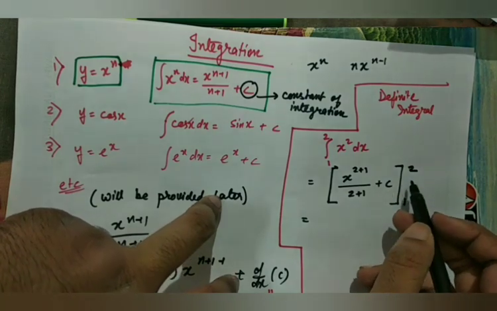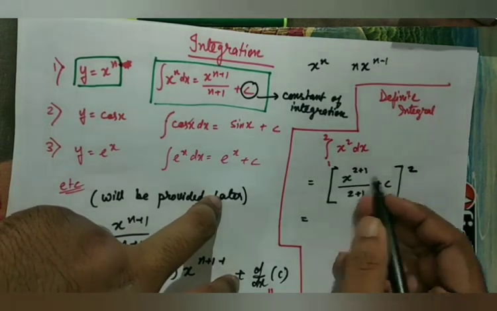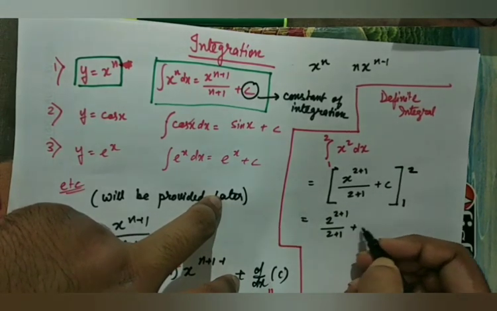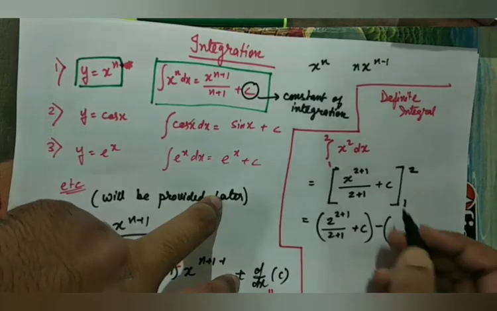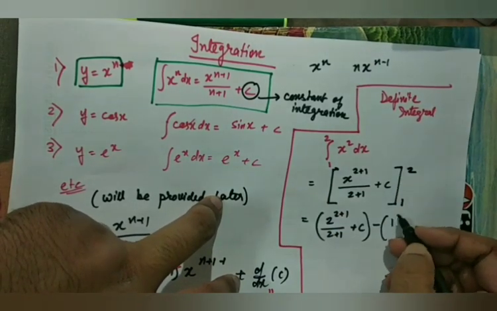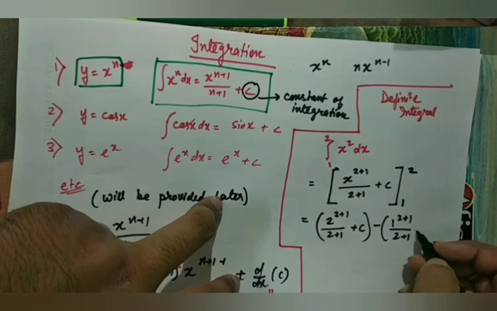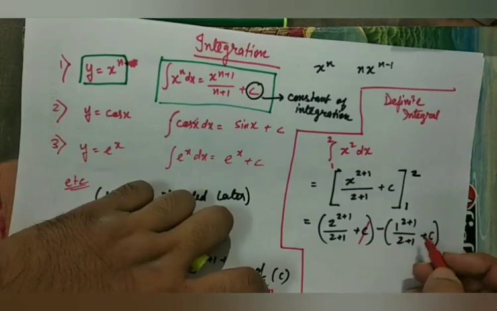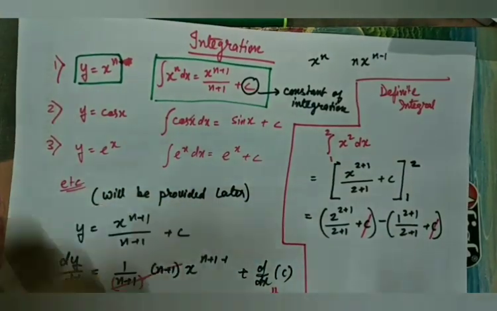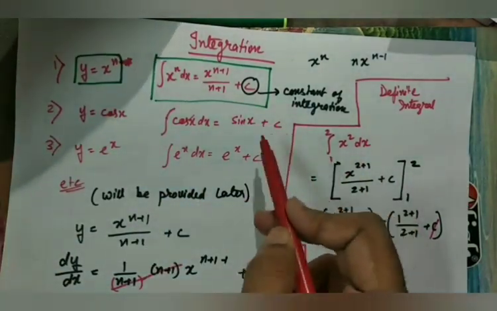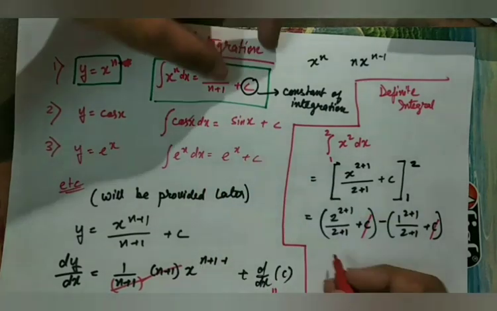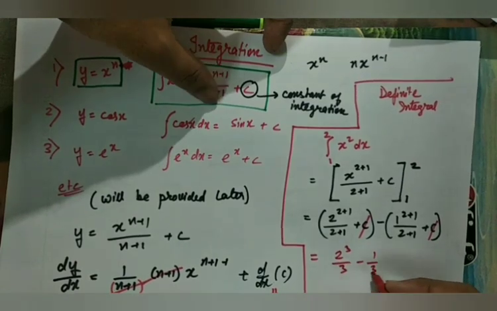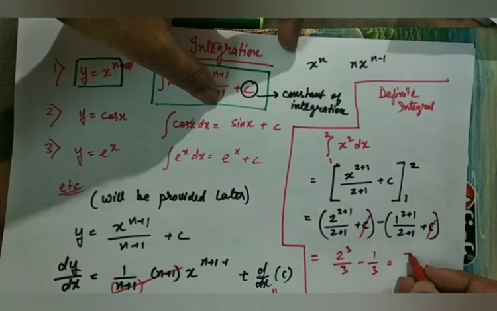At first we'll put in the upper limit, that is 2 to the power 2 plus 1 by 2 plus 1 plus c, minus the lower limit, 1 to the power 2 plus 1 by 2 plus 1 plus c. As I was saying, this plus c and plus c will cancel out, so we don't need to put the constant of integration in a definite integral. This will become 2 cubed by 3 minus 1 by 3, that is 7 by 3.